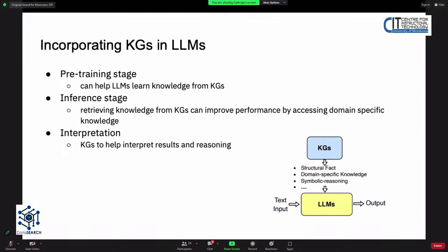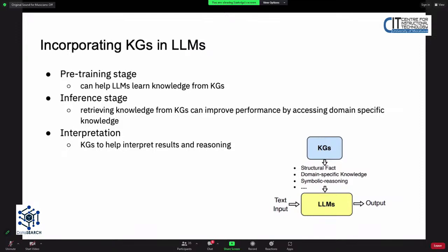Instead of pre-training, can we use this in inference? And then can we use the knowledge graph in the interpretation phase to look at reasoning and how we can interpret the results? I'm going to show very few example models that are already doing this up to a certain extent.